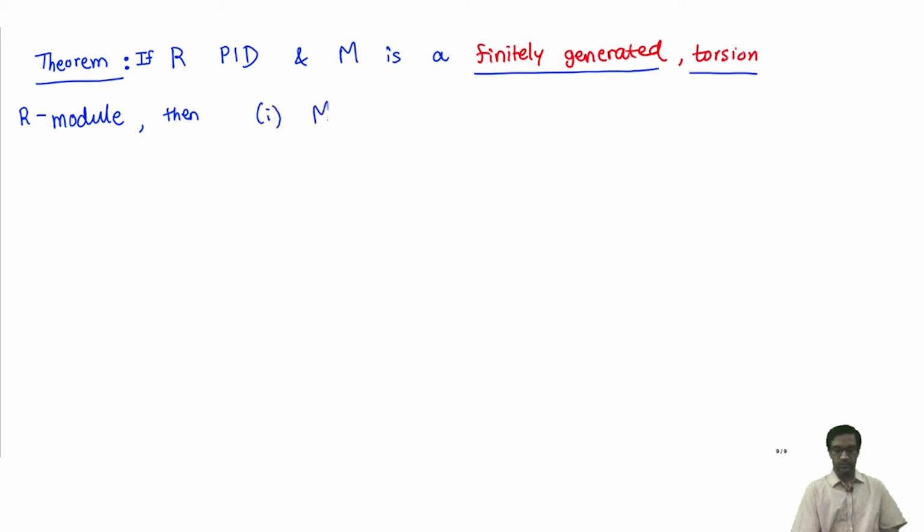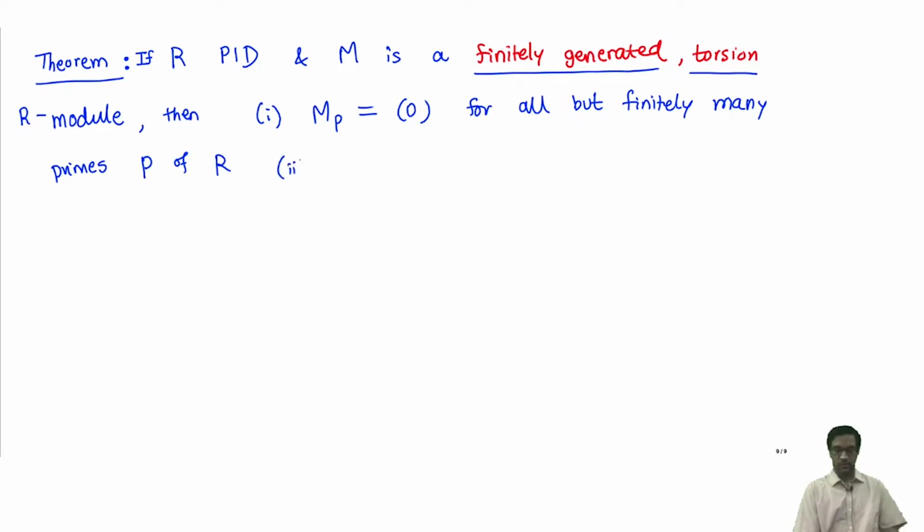One, these primary components MP are 0 for all but finitely many primes P of R. So notice that the ring itself may have infinitely many primes, but we are saying that the primary component MP will be 0 for almost all those primes, except for some finitely many of them.